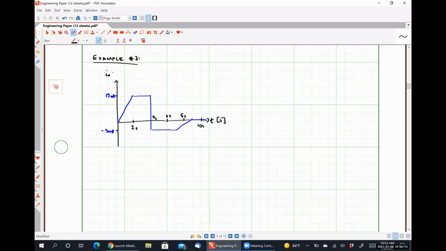This is IC of t measured in milliamps. And this is the graph of the current flowing through a 5 microfarad capacitor, where this is VC of t, and this is the direction of IC of t.